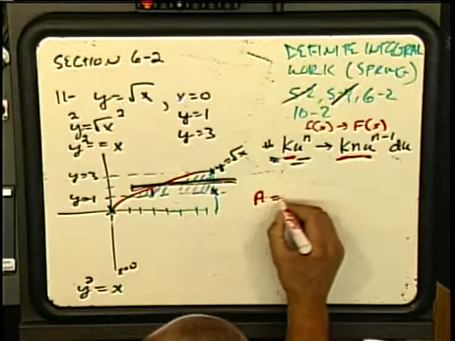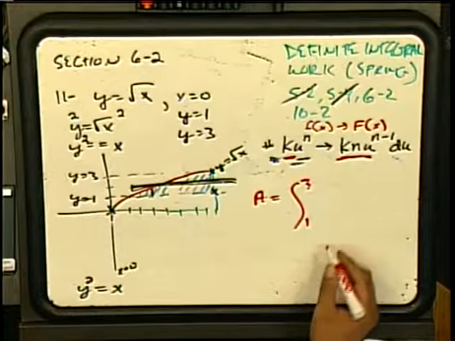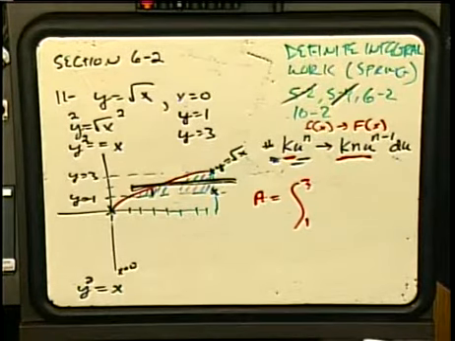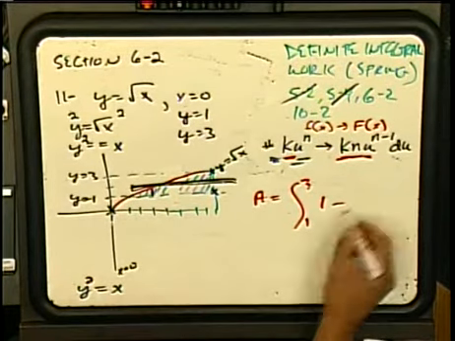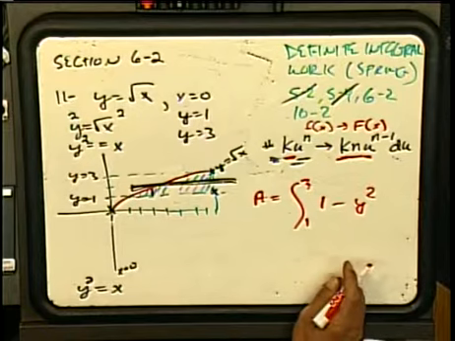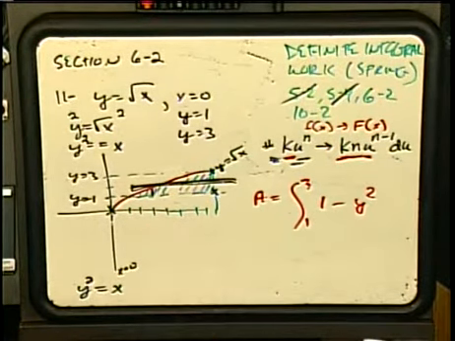So area equals the integration. You got your upper bound, lower bound. It's 1 minus y squared, right? Y equals 1.